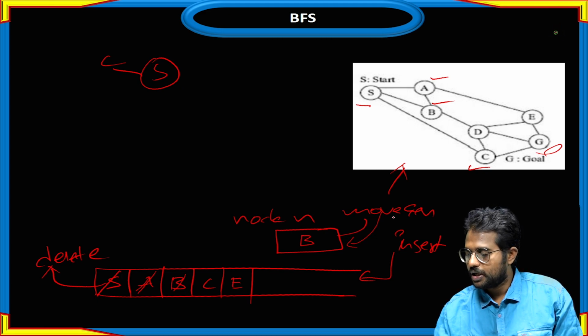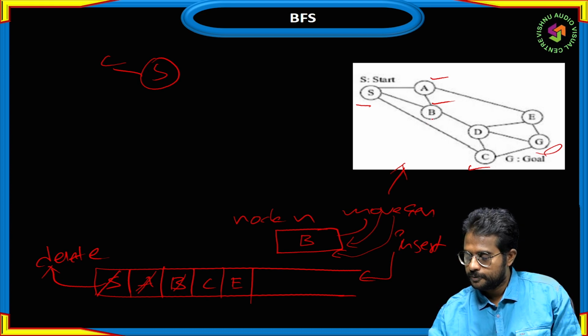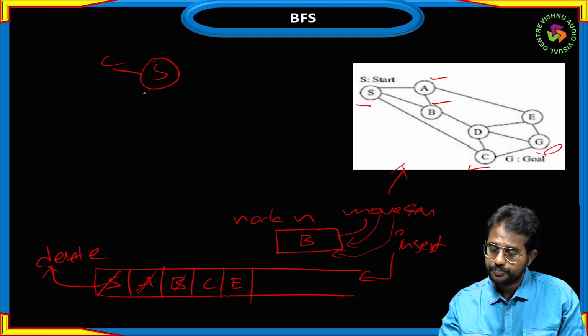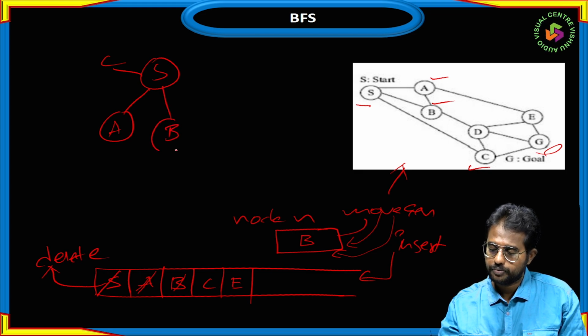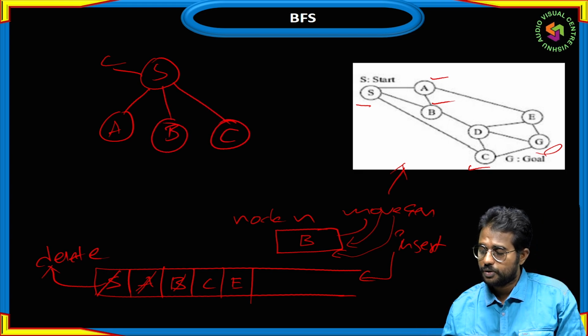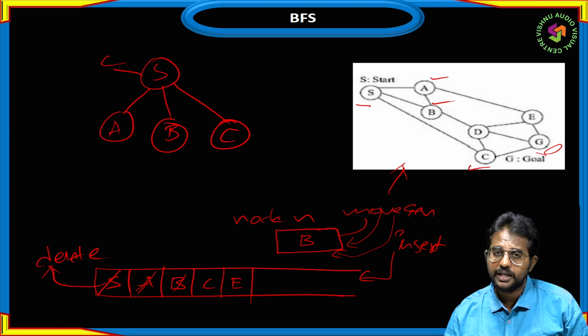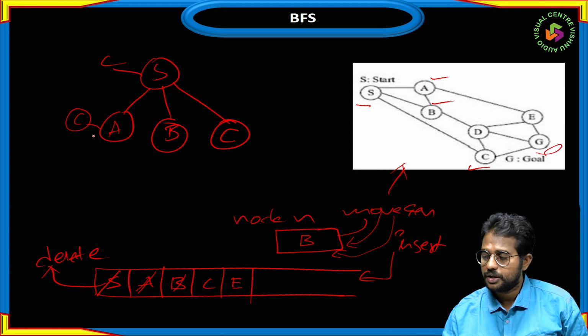In this else statement, I have to apply the Movegen function on B. After applying the Movegen function on B, the successor states, the reachable states of B, are S, A, and D. S was already in the closed data structure, and A was already in the closed data structure.